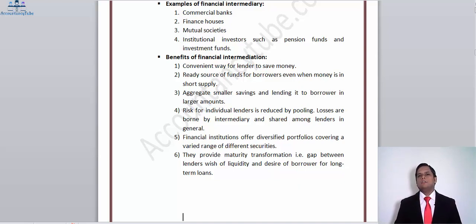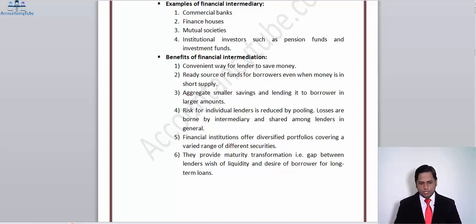Now, the bank does not obtain $1 million from one single party. It has a number of people having their bank accounts in the bank. So it's a pool of funds all together, and they create a single instrument, a single loan agreement, and give it to the company that requires those funds.